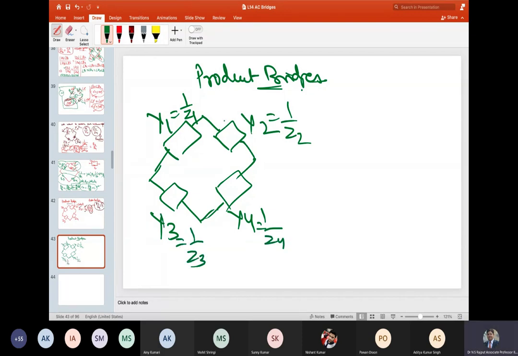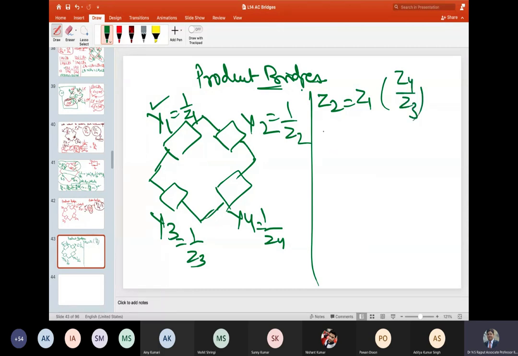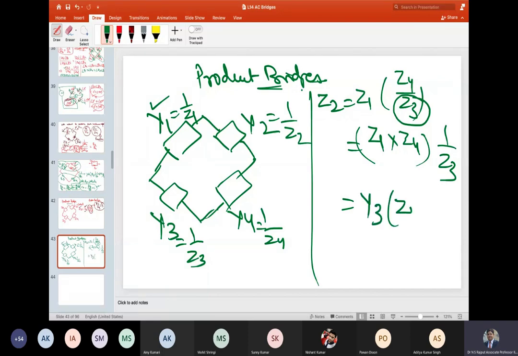Since we are working with admittances, it would sometimes be easier to do the multiplications and other things. For example, in this case, you will get Z2 is equal to Z1 multiplied by Z4 by Z3 as usual, right? So this was Z1 into Z4 multiplied by 1 by Z3. 1 by Z3 is basically Y3. So this becomes Y3, Z1, Z4, right?